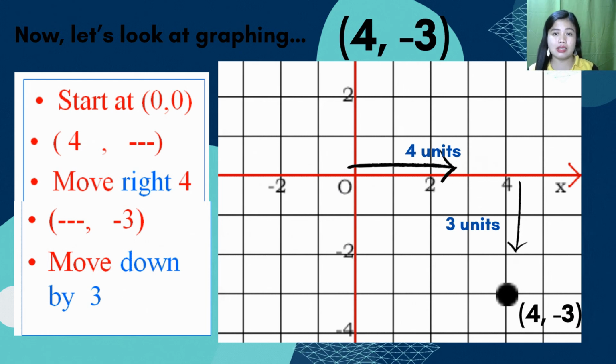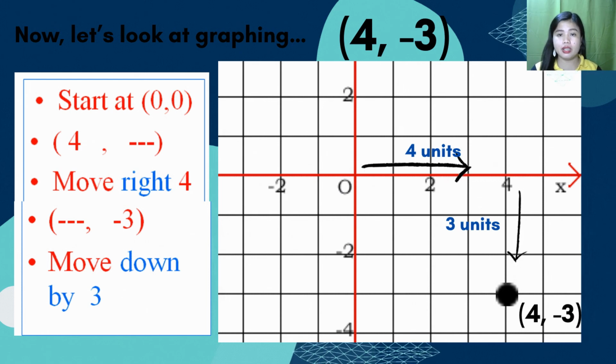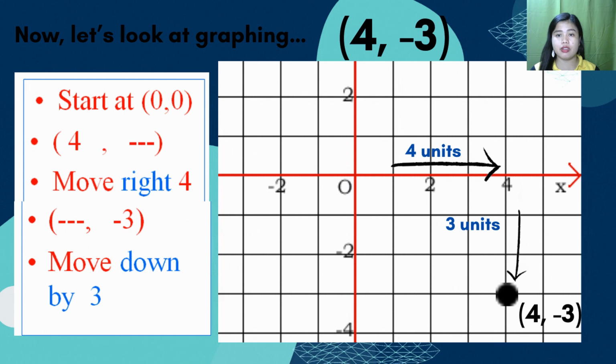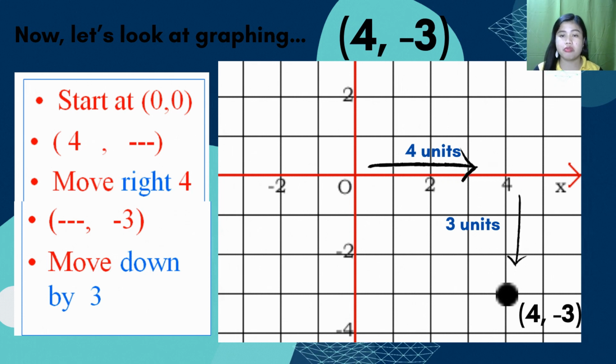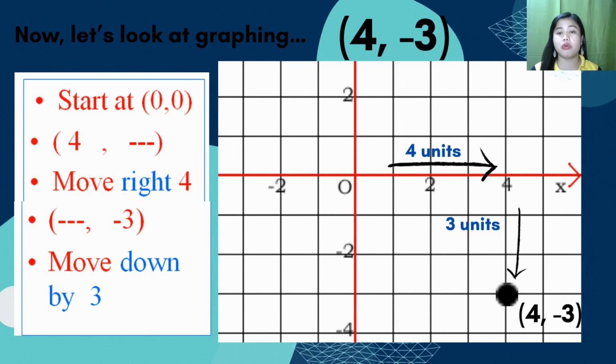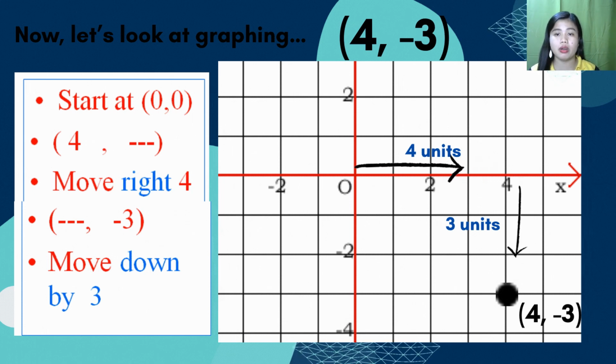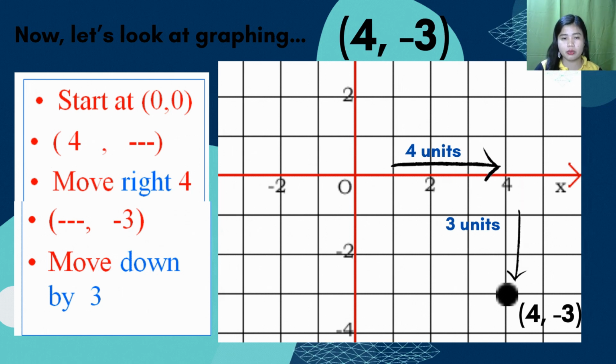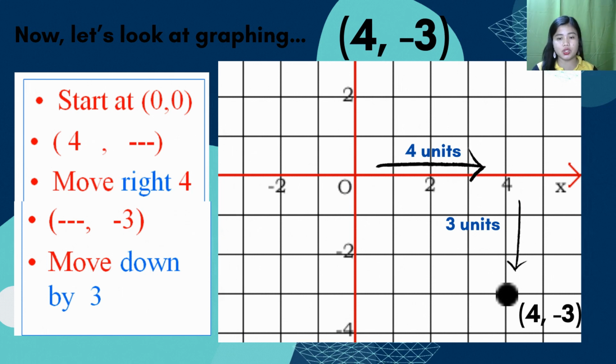Now let's look at this. The ordered pair is (4, -3). So let's plot (4, -3). What is our x-coordinate? Very good, it's 4. What about our y-coordinate? Exactly, it is -3. So we start at (0, 0).